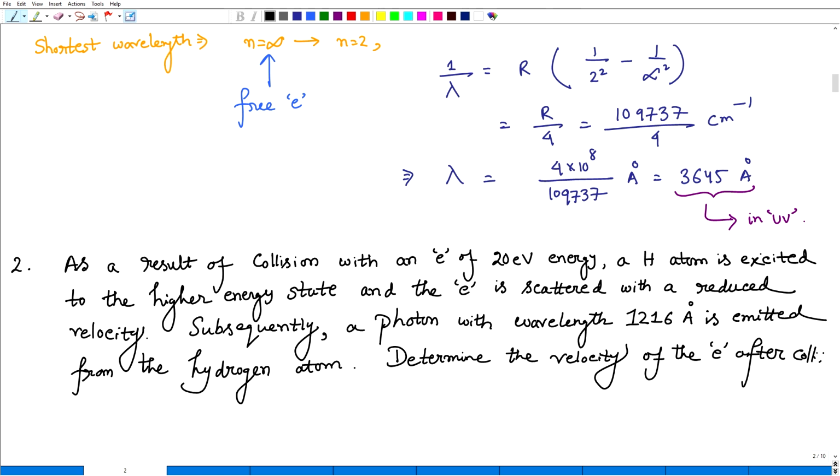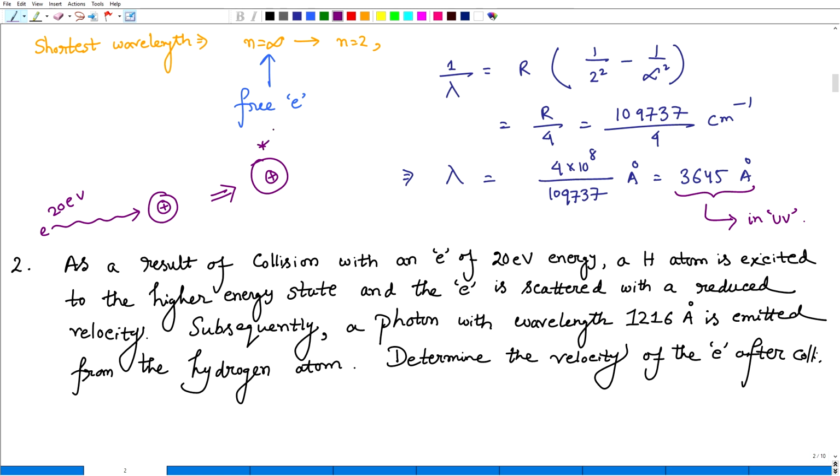So what is given here? There is a hydrogen atom, and one electron having energy 20 electron volt is coming and collides with it. This is our first state. The hydrogen atom gets excited to a higher energy state, let's give it a star here.